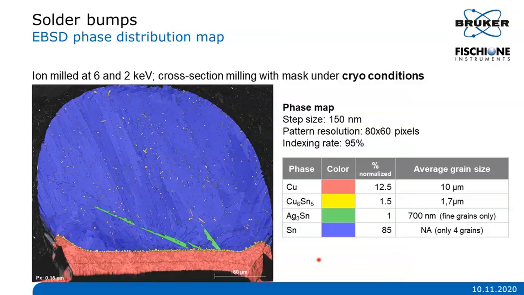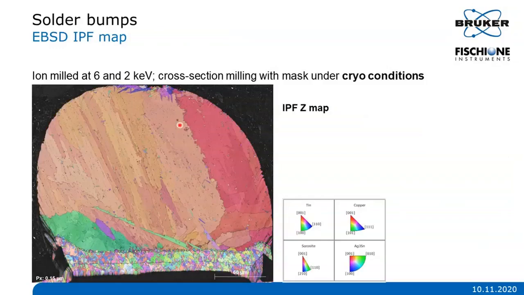You can calculate the fraction of each phase. You can easily calculate the average grain size for each phase. Of course, having the EBSD data gives you access to a lot of information. You can look at the orientation IPF maps.